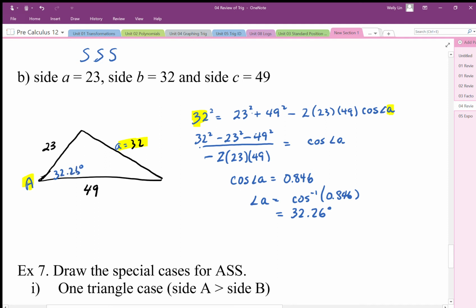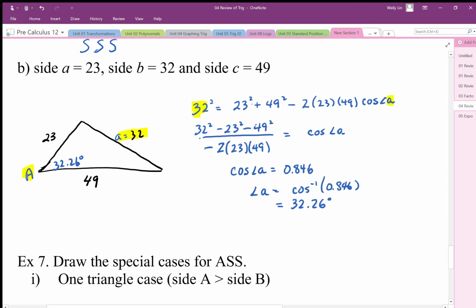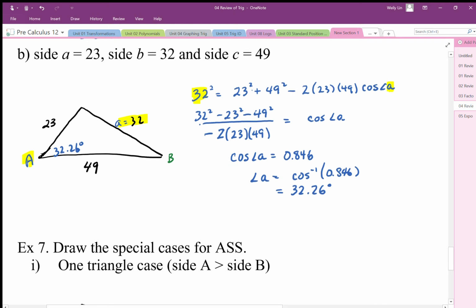Now with the cosine law, we don't need to worry about theta 1 and theta 2. There's no ambiguous case for cosine law. Once we solve for one angle, we could use cosine law again to solve for the other angle, but it's probably easiest just to arbitrarily label an angle B and use the sine law for angle B. So that's what I'm going to do.